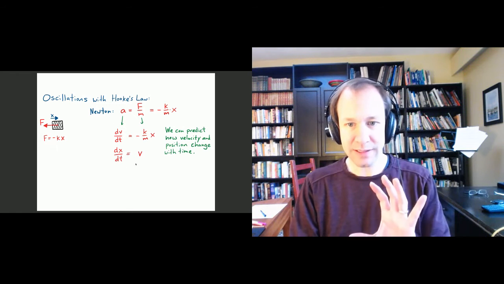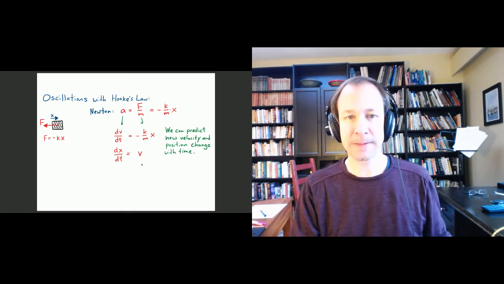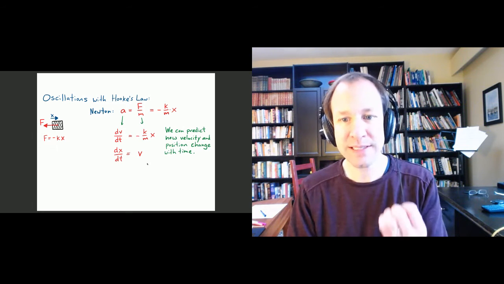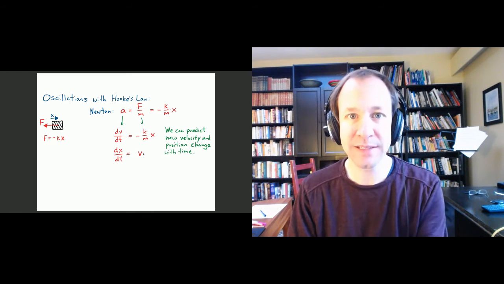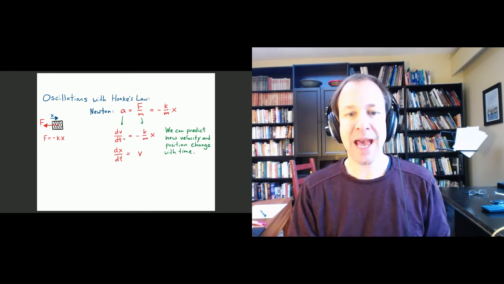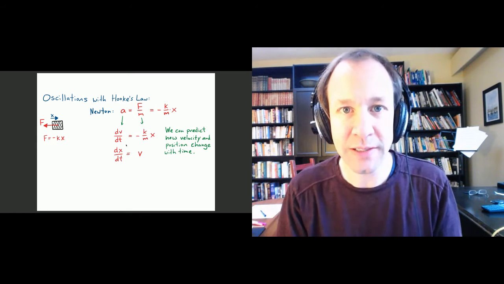So let's have a look at our equations now. Together, Newton's second law plus the definition of velocity allow us to take the current position, x, and the current velocity, v, and then predict for us the rate at which those things are changing.